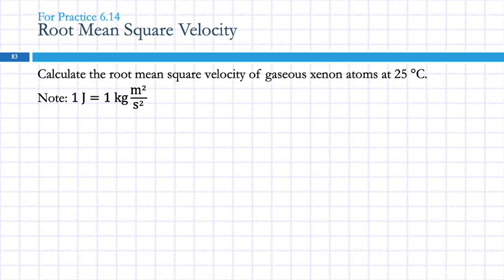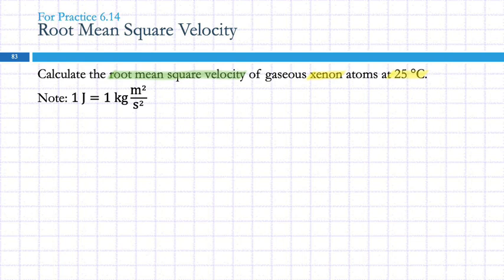Okay, so here's the problem. Calculate the root mean square velocity of gaseous xenon atoms at 25 degrees Celsius. They're only giving us one number here, 25 degrees Celsius. But it is important that they told us it was xenon. And then the question is, we want the root mean square velocity.